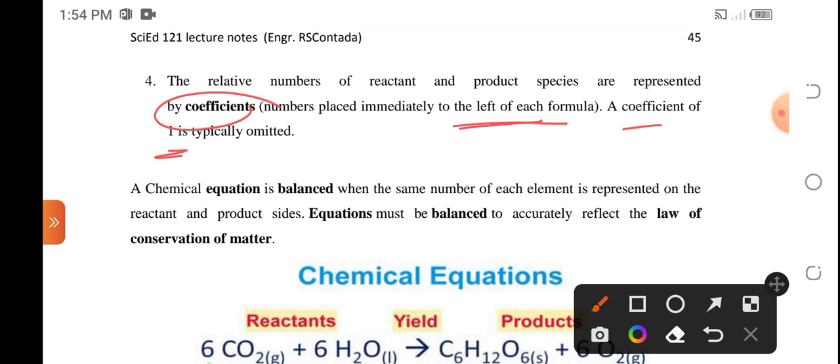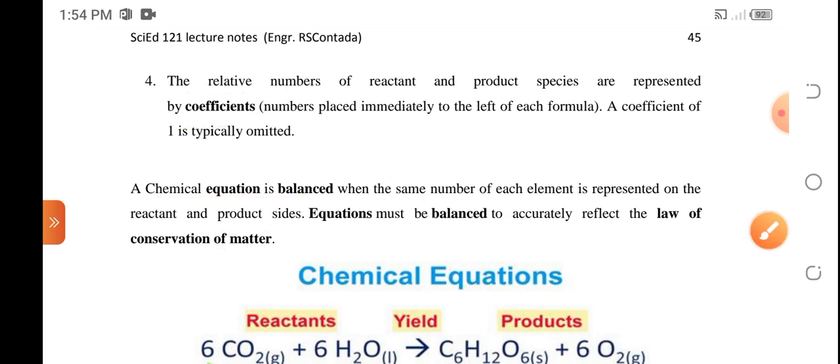A chemical equation that is balanced will have the same number of atoms for each element represented both on the product and the reactant side. When we say balanced chemical equation, we are following the law of conservation of matter.